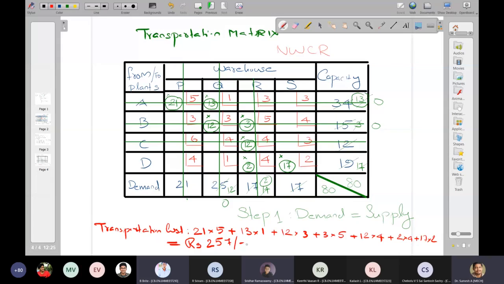Yeah, exactly. So the cost element is completely ignored in the northwest corner. You can see over here I have Q, where the demand is 25 and capacity is 34, where the cost is only 1, where I am providing only 13 allocations over here.